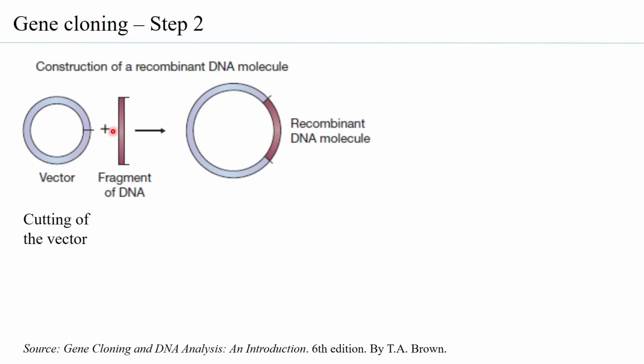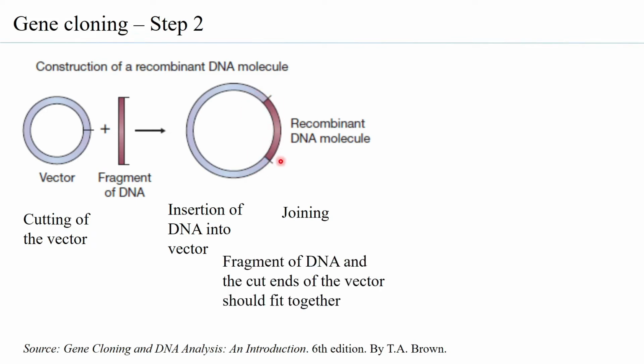When the vector is cut, you have two free ends available and this fragment of DNA will have to get inserted into the vector at the cut region. In other words, the fragment of DNA has to be inserted and then joined, because the ends of the vector and the ends of the fragment of DNA have to be sealed or completely joined.